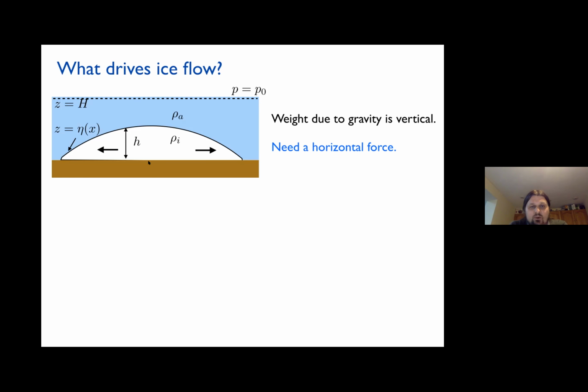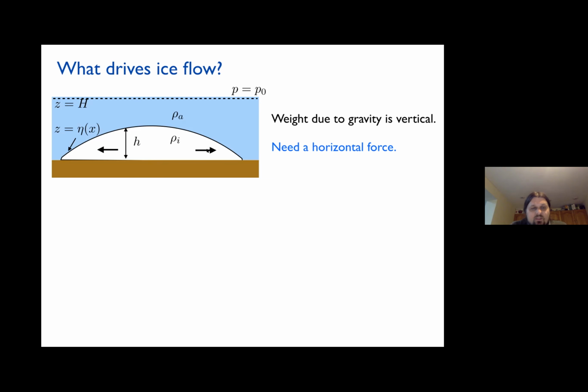So we need a horizontal force in order to drive this horizontal spreading of flow. And this kind of flow is a little bit similar to pouring a drop of honey onto a plate, or pouring a very small amount of water onto a surface: it will tend to spread out laterally.